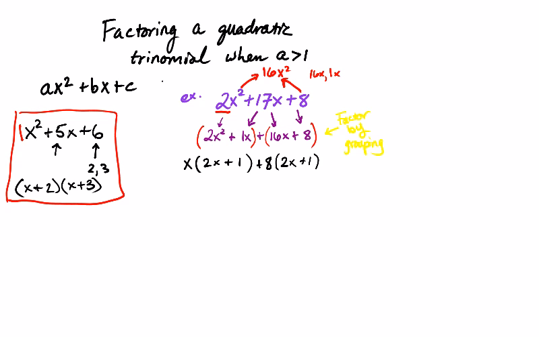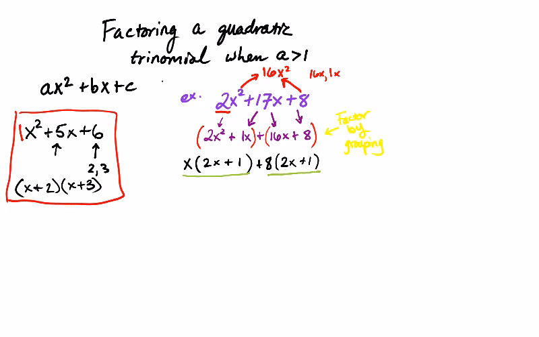How did I figure out 2x plus 1? You can just divide the greatest common factor into each of these terms, and it'll get you 2x, and it'll get you 1. Alright, so now, this is where the tricky part comes in, sometimes difficult to understand. You have 1 term here and 2 terms there, right?